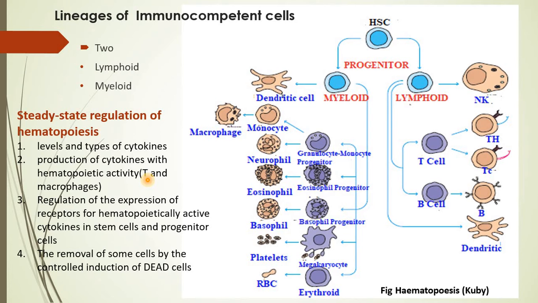Regulation of expression of receptors for hematopoietically active cytokines in the stem cell and progenitor cell also aids in regulating hematopoiesis in bone marrow. Further, removal of some cells by controlled induction of cell death from the stromal tissue is also regulated for hematopoiesis.